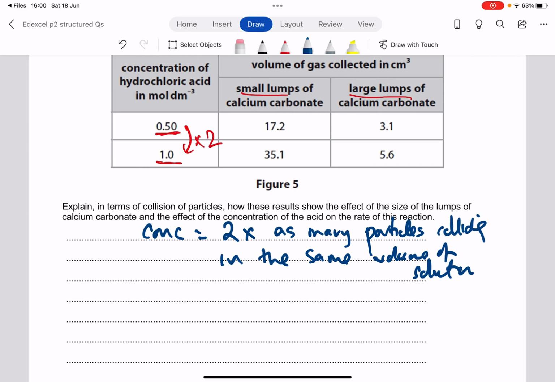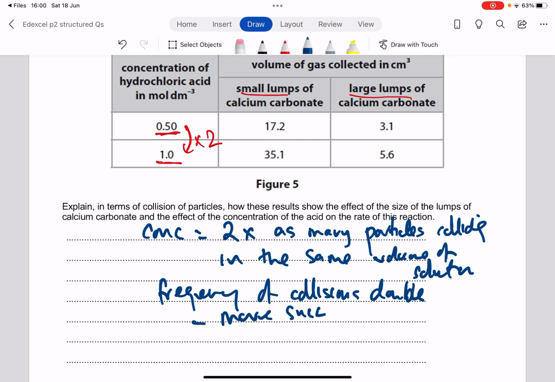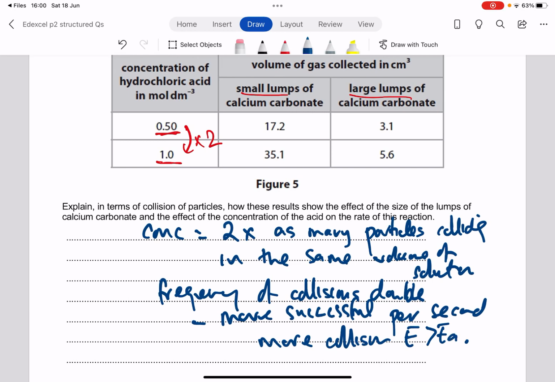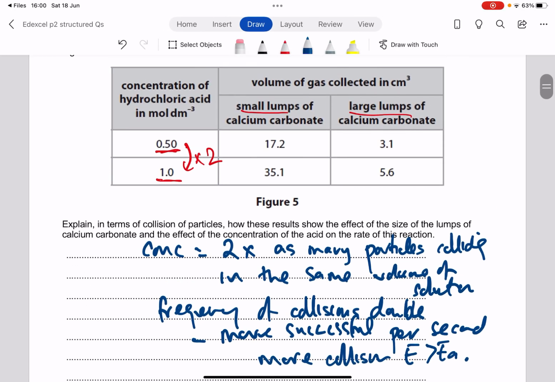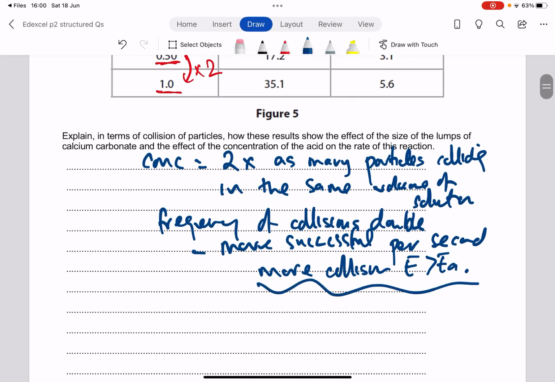Number of collisions doubles. Therefore, frequency of collisions doubles. More successful collisions per second, and more collisions collide with energy greater than activation energy. And that's A-level terminology here.